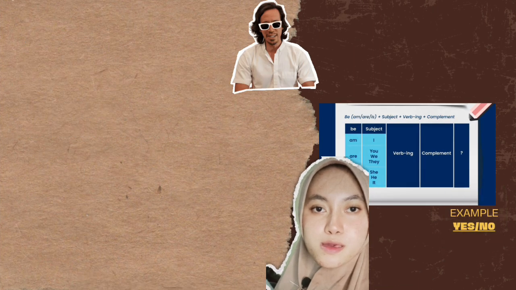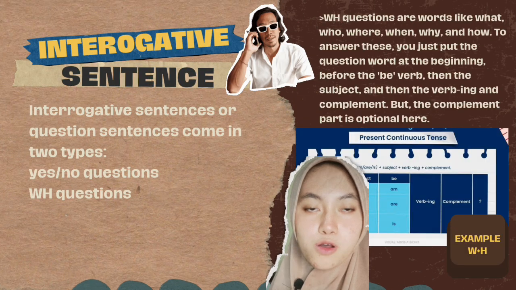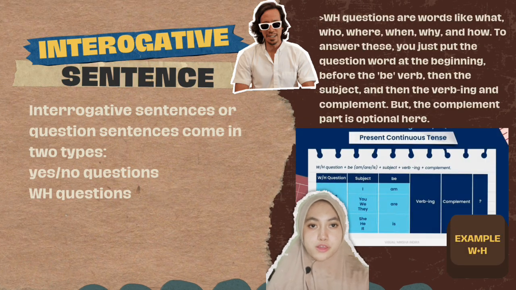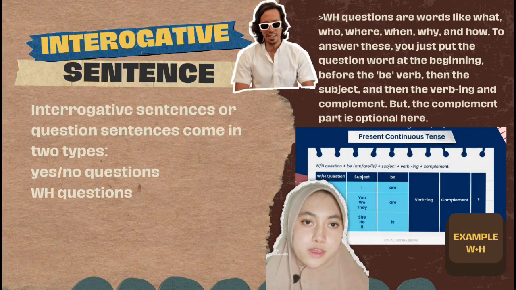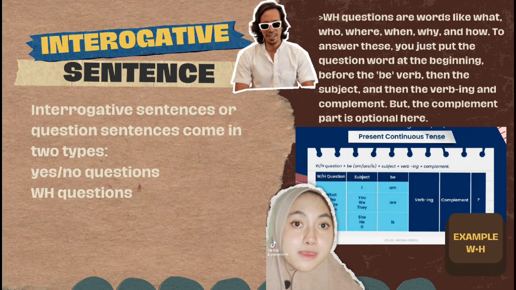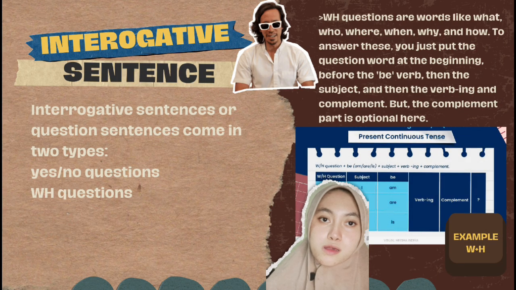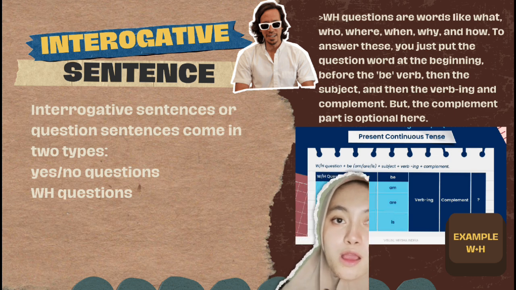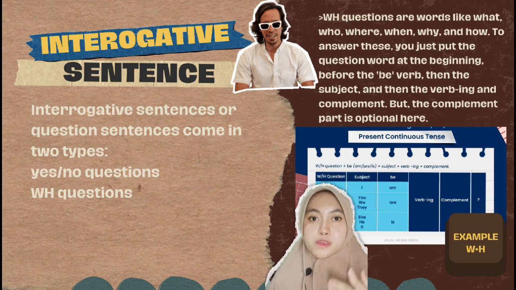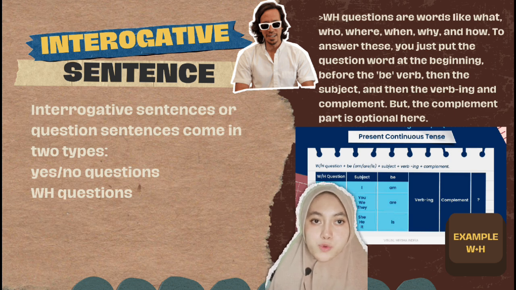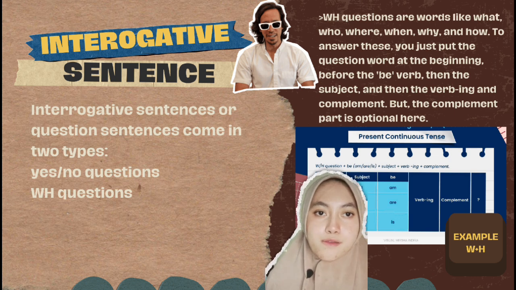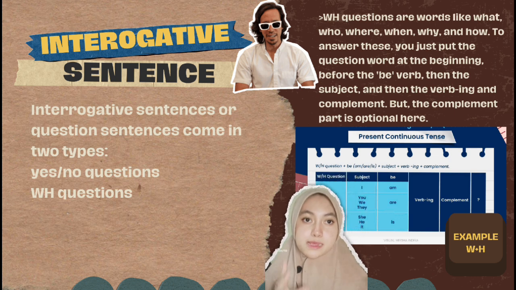Okay, next is WH question. From the text, we know that WH questions are question words like what, who, where, when, why, and the last is how.